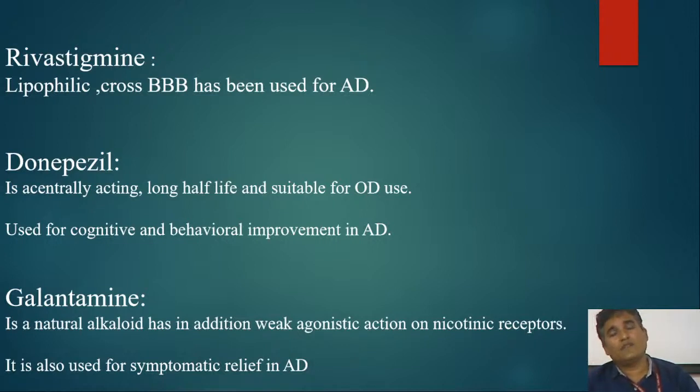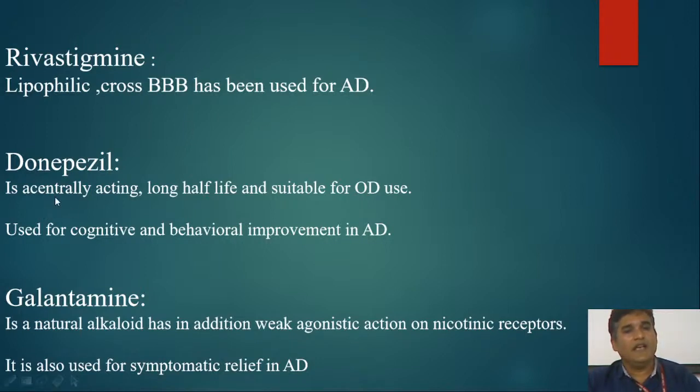Earlier tacrine was used in Alzheimer's when these drugs were not available. Rivastigmine is a comparatively safer drug than tacrine, can cross the blood-brain barrier, and may be used for Alzheimer's.